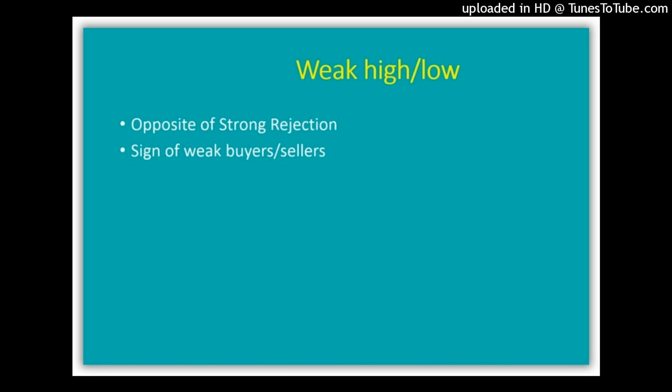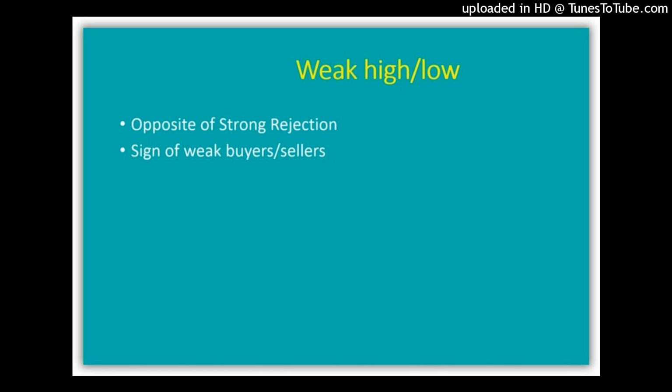If, on the other hand, as I said in the previous video, there was a downtrend and aggressive rejection of lower prices, then this would be a good place to quit the trade, because this is a sign of aggressive buyers who could turn the trend, but this is not a sign of strong buyers. All right, so this is how you can use the weak highs and weak lows.